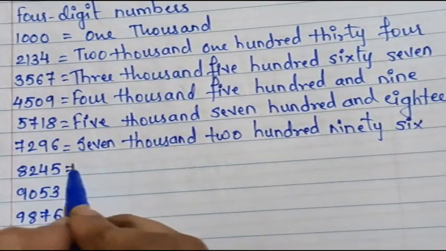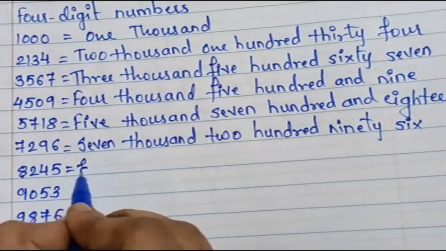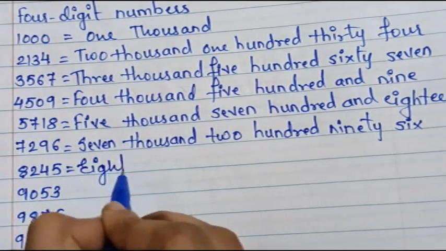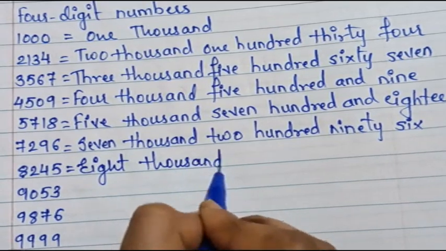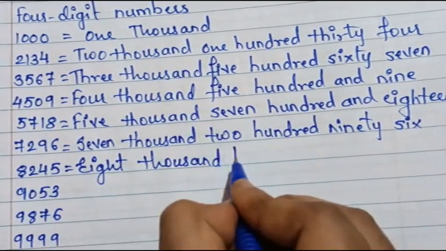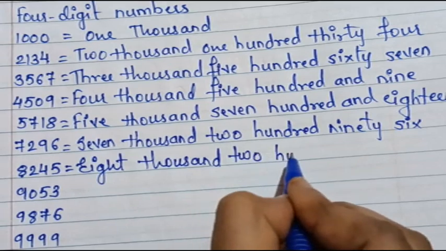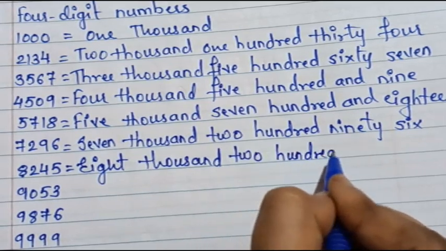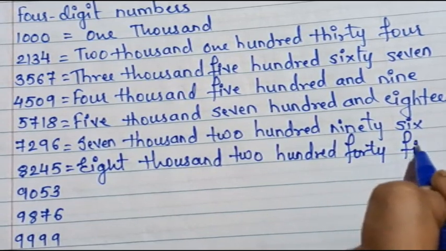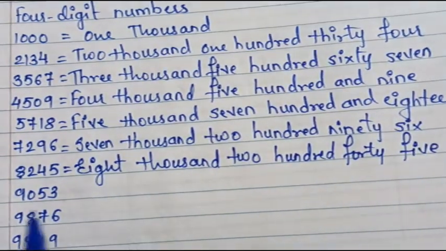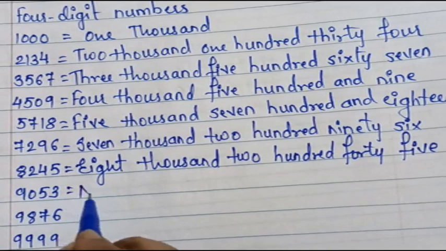Okay, then here it is 8000. 245. Okay, next is 9000.